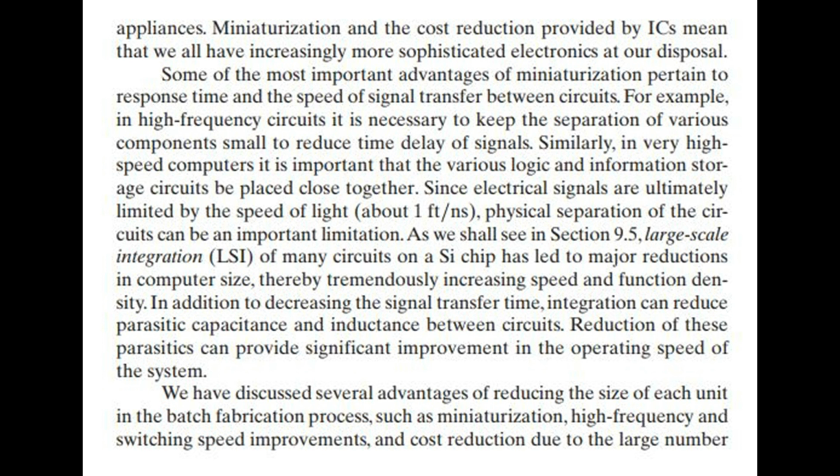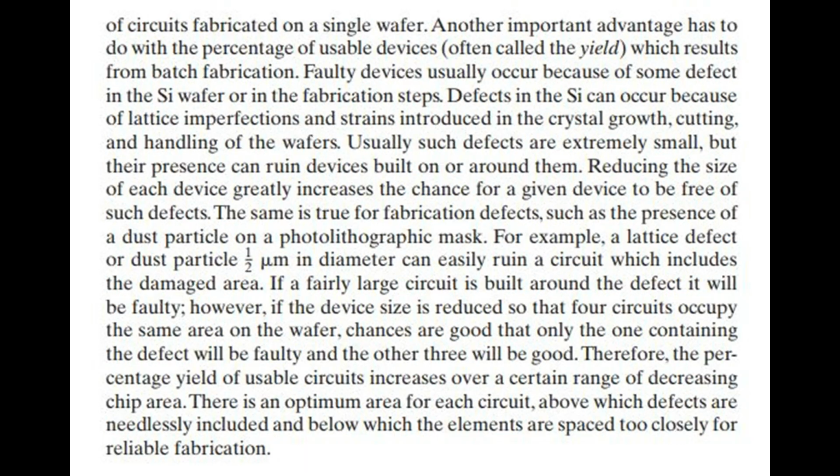We have discussed several advantages of reducing the size of each unit in the batch fabrication process, such as miniaturization, high frequency and switching speed improvements, and cost reduction due to the large number of circuits fabricated on a single wafer. Another important advantage has to do with the percentage of usable devices, often called the yield, which results from batch fabrication.